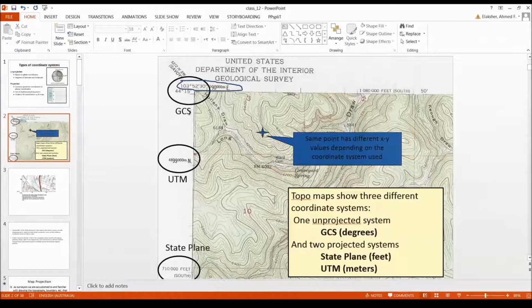Just to summarize, GCS, the unprojected or geographic coordinate systems, are defined in degrees, minutes, seconds. Plus, we have different types of projected systems. The most common two are state plane, which is this one here at the bottom left, and the UTM, which is in the middle of the screen. So you have to be careful which one we are using.